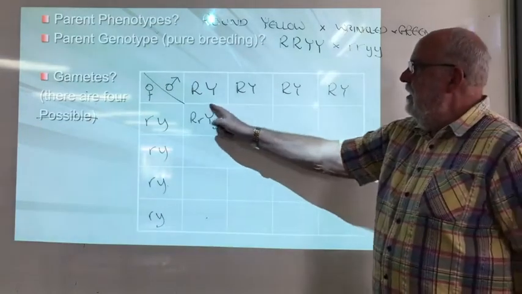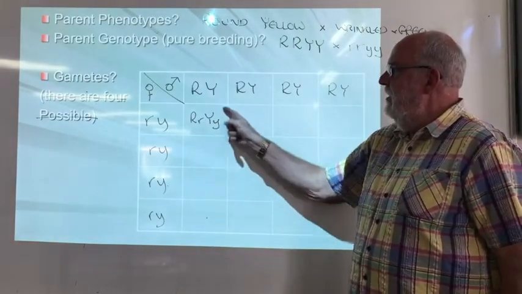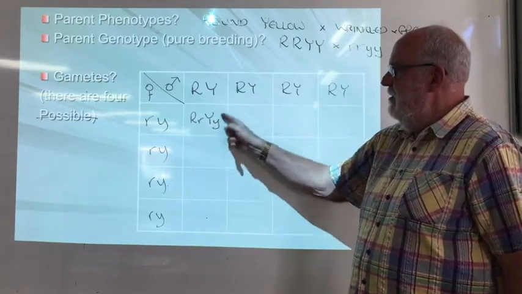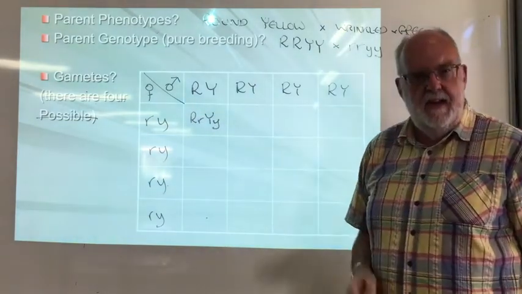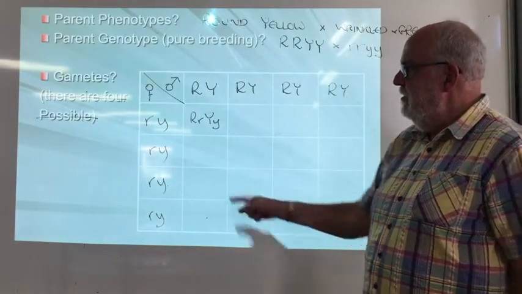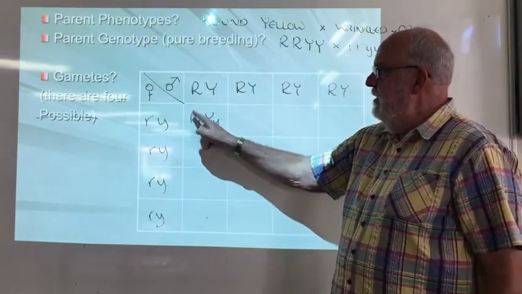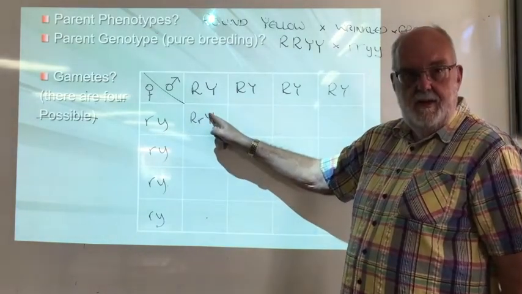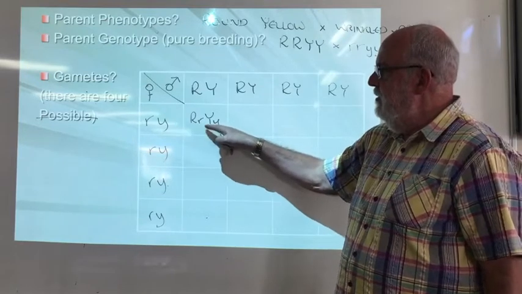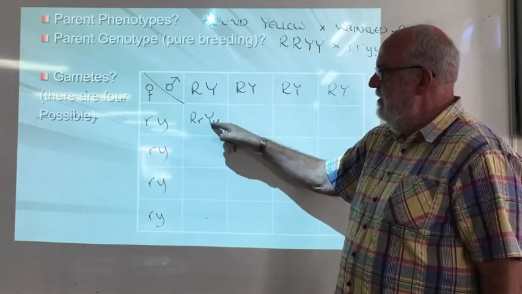So these are the genotypes of the F1 generation. And what colour and shape are they all going to be? For the shape, they're all going to be round. For the colour, they're all going to be yellow. But they're all heterozygous for both of the characteristics.